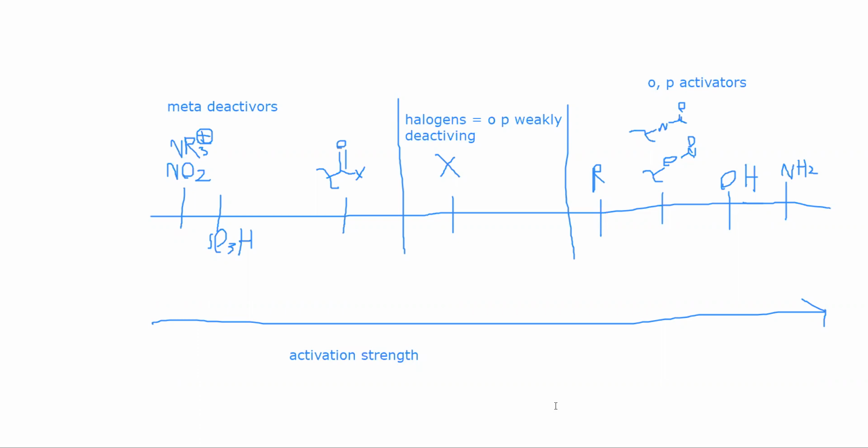And if you have multiple substituents on a ring already, then where they're trying to tell stuff to go is sometimes competing. So you have to figure out which one out of the two is a stronger activator, and then that's going to win in terms of directing effects. Like if I have a benzene ring with an alcohol, that's an ortho-para director. And then I've got a nitro group here.